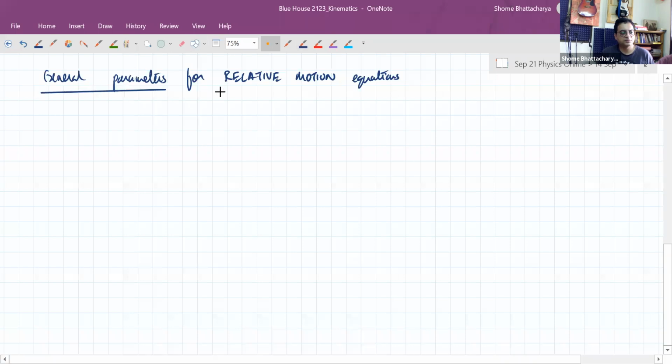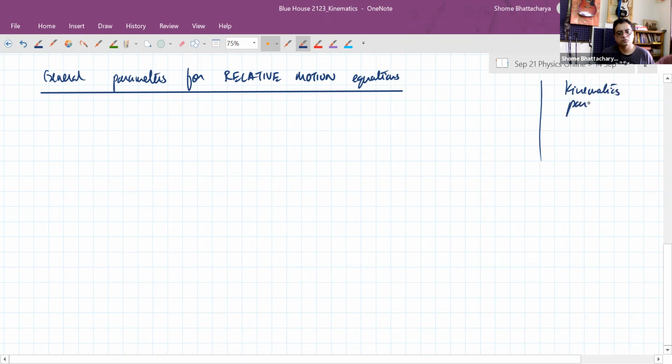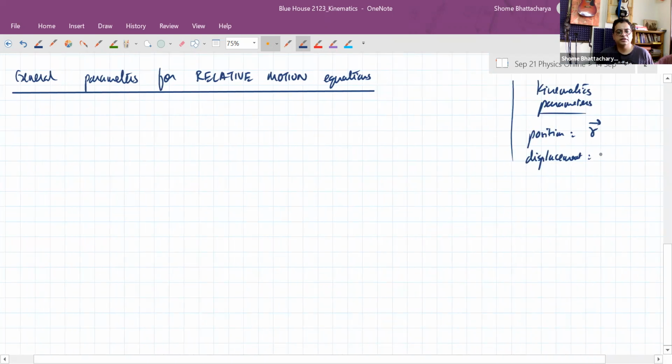So previously the parameters that we have studied in kinematics, they have been position, defined by this vector, right? Displacement, defined by the vector relation that is change in position delta r.